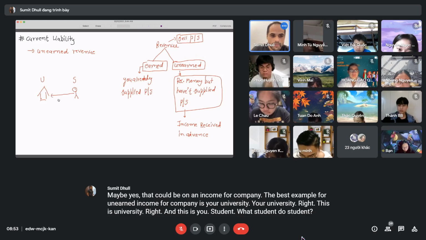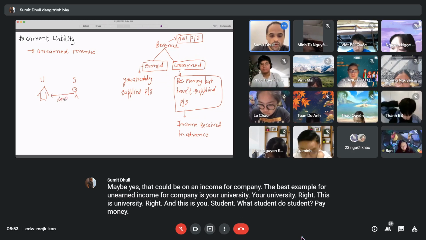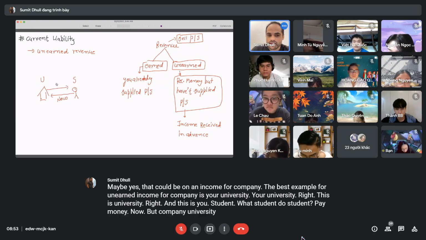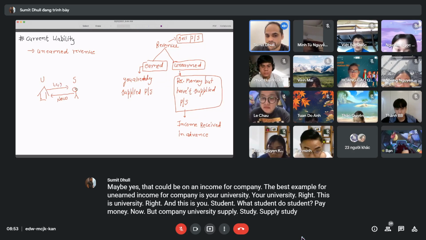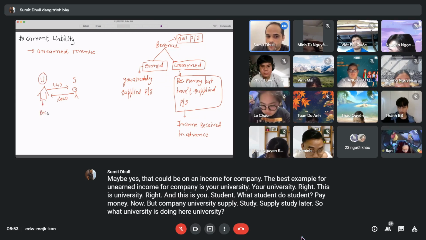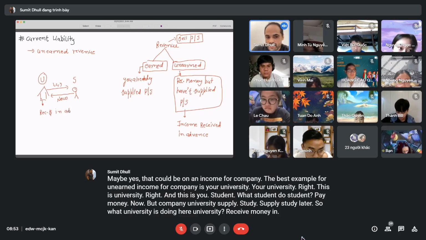The student pays money now, but the company, the university, supplies the study later. So what is the university doing here? The university receives money in advance.